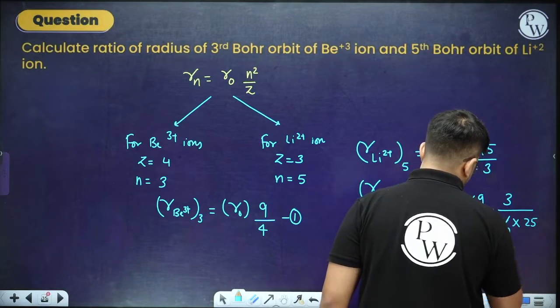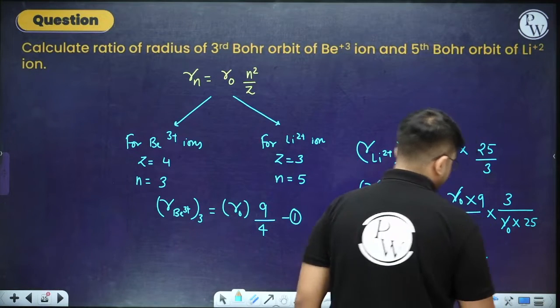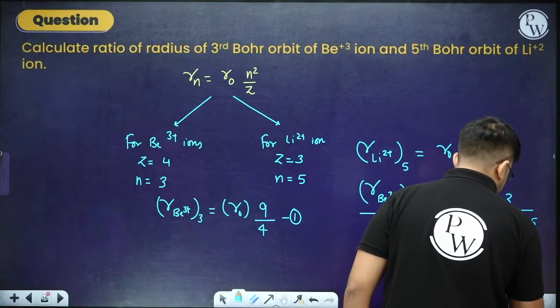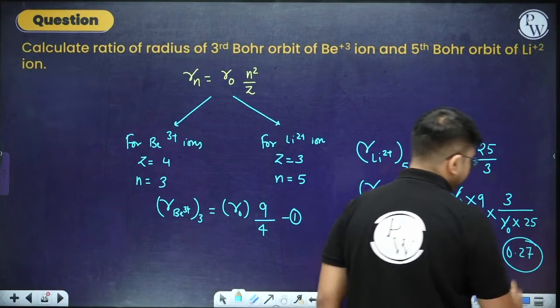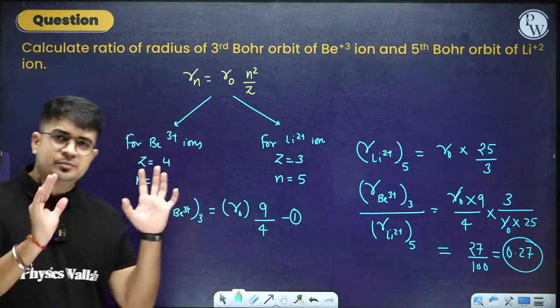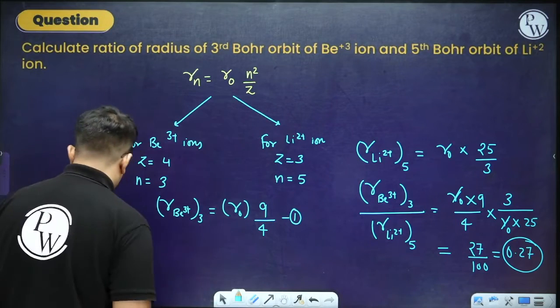R naught is going to cancel out, so that will be 27 by 100, or I can say that will be 0.27. I hope this part is clear. Very simple question. That's how you can deal with these types of questions.